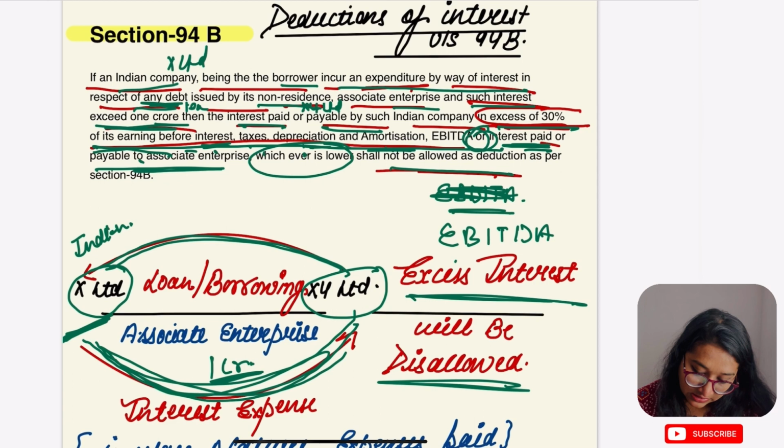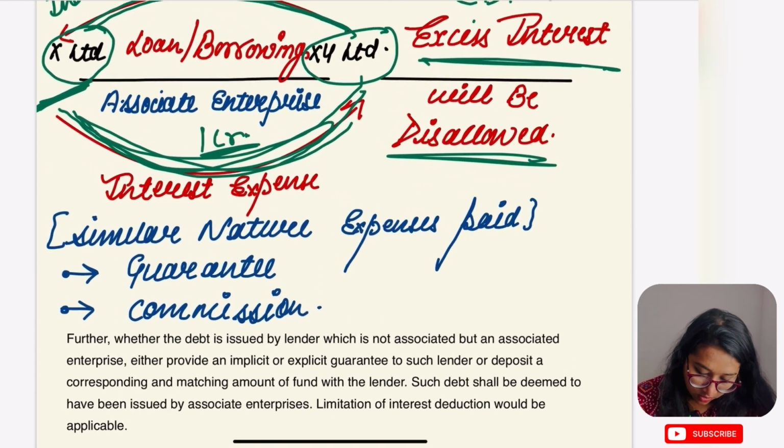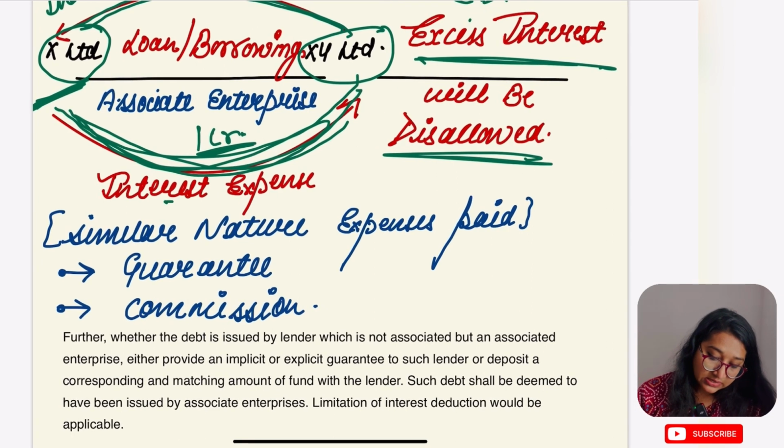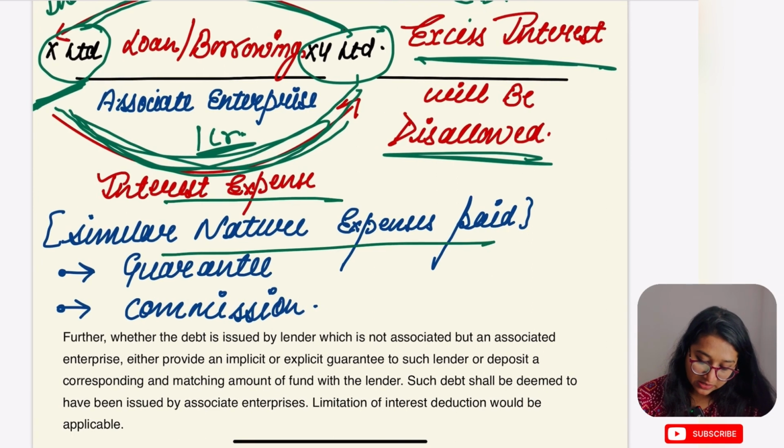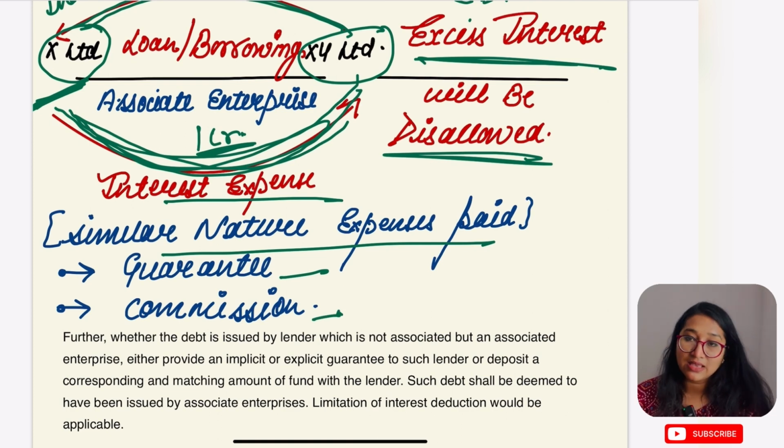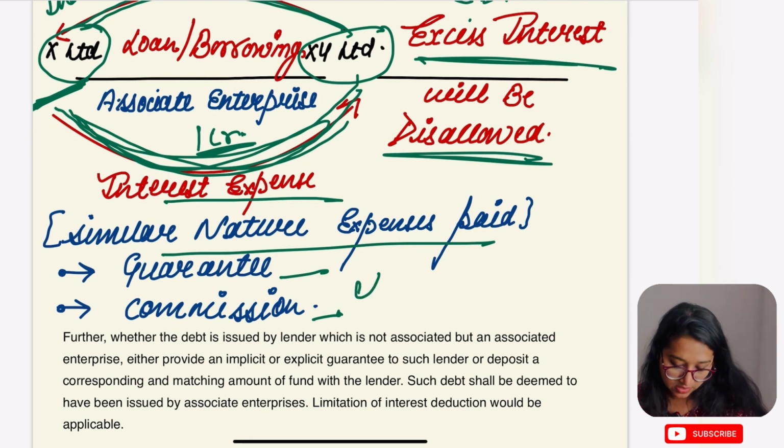The rest shall not be allowed as deduction, which means it is going to be disallowed under section 94B. Is this part clear? This interest could also be a similar nature of expense paid, like guarantee or commission. In this case, interest could be replaced in case of guarantee and commission. Expenditure could be in any form.